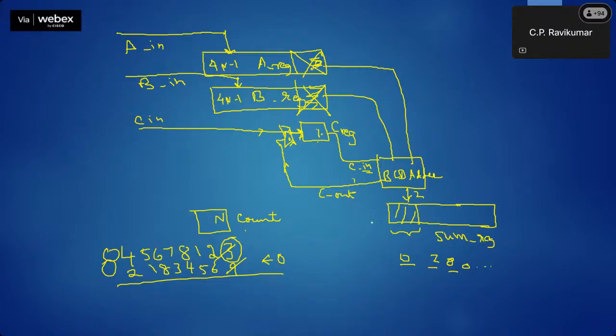And next time when the clock comes, this is repeated. And every time we are subtracting n minus 1, etc. Finally, it will become 0. After that, ideally the clock should not come. The person who uses this should know that the output should be collected after the finish is obtained.